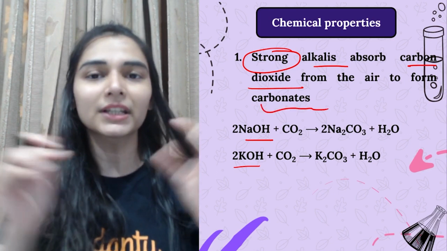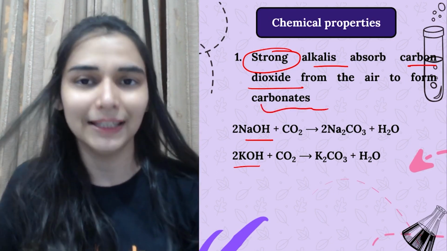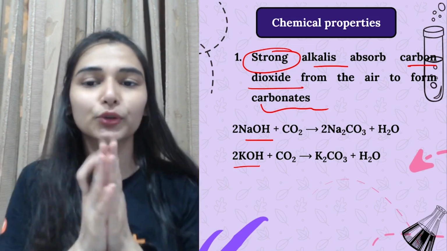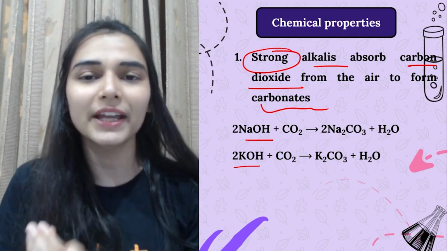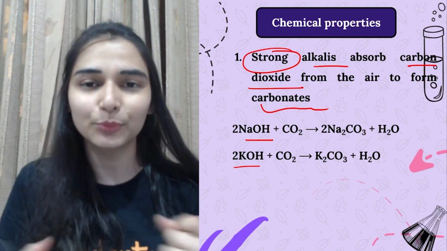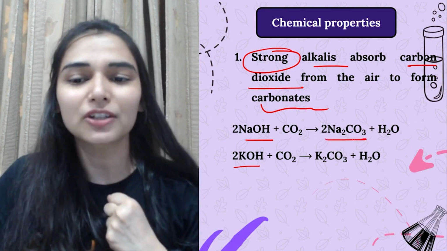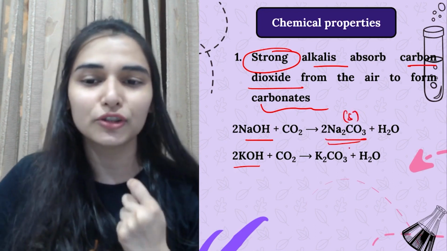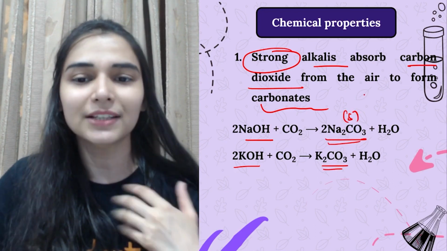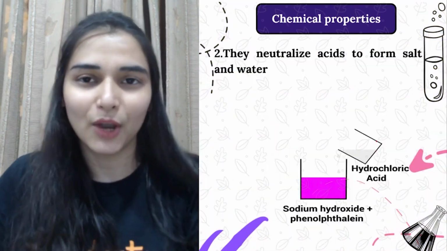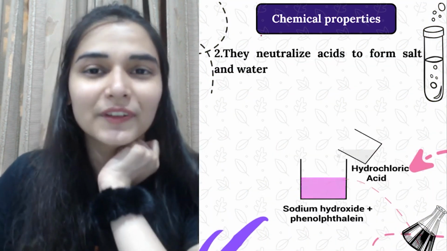So if you want to take carbon dioxide out of a container, you can simply use strong alkalis like sodium hydroxide and potassium hydroxide. They will absorb carbon dioxide and make a solid compound. So sodium carbonate, potassium carbonate, they will be forming the metal carbonates along with the liberation of water. Okay, very easy. So remember the chemical properties.